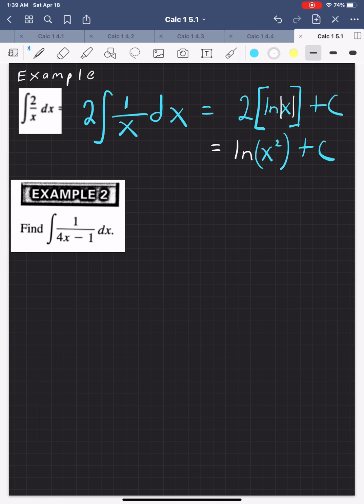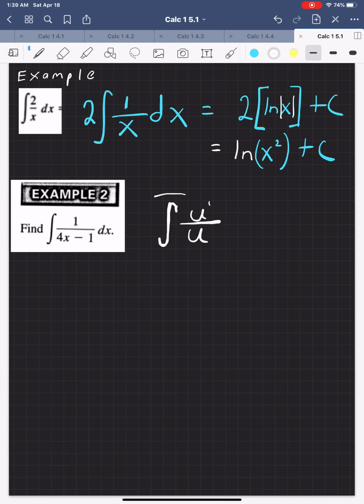So now we were trying to integrate 1 over 4x minus 1. The game you're trying to play is, is there a way of thinking about that integral as u prime over u?